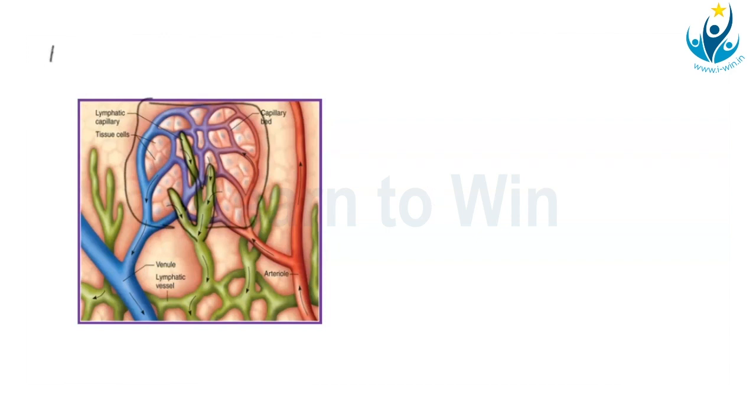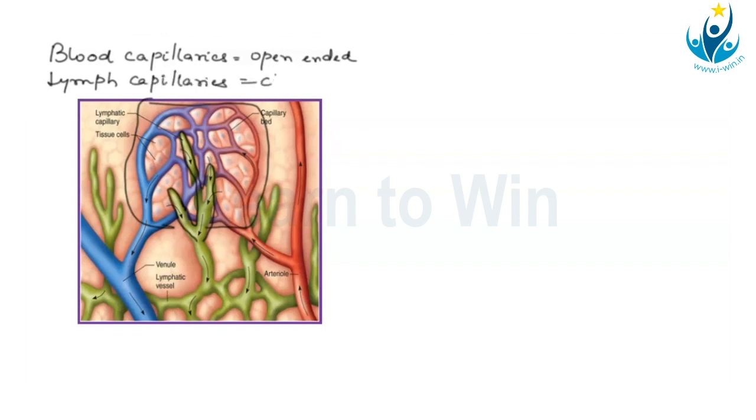So blood capillaries are basically open-ended, whereas lymph capillaries are closed-ended. What is the difference between them?